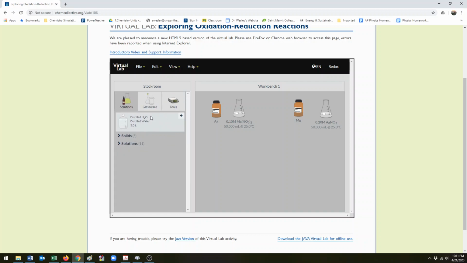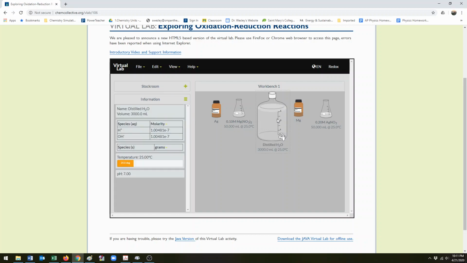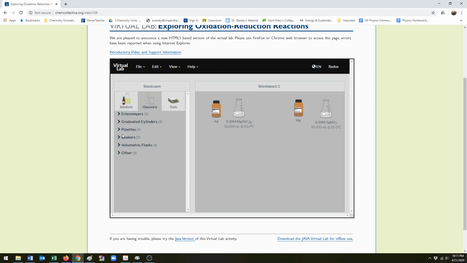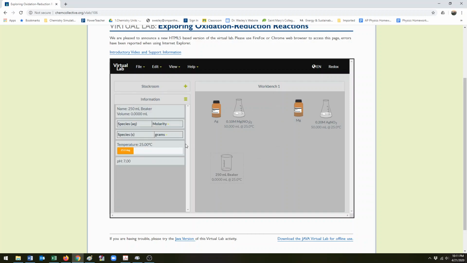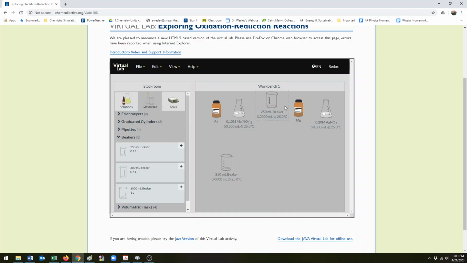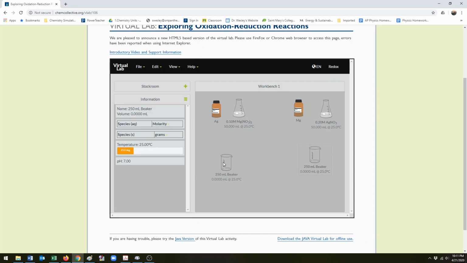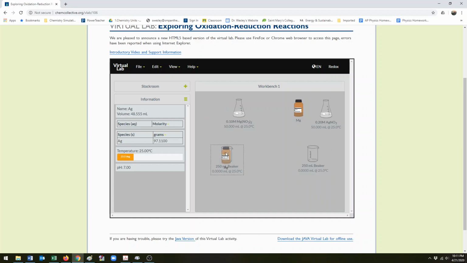So we need to create a space for them to actually react. So let's go find ourselves some glassware. No, not that glassware. I'm going to just grab a couple of beakers, one for each of the two. When you do this test, you take a certain amount of each of the two elements, and you want to make sure you have enough to react with everything that's there.